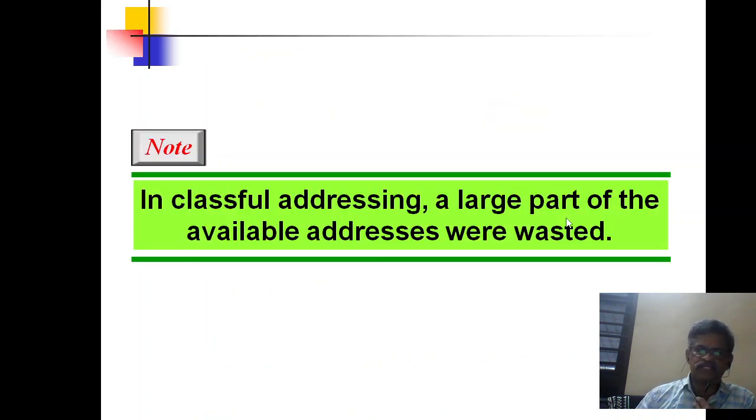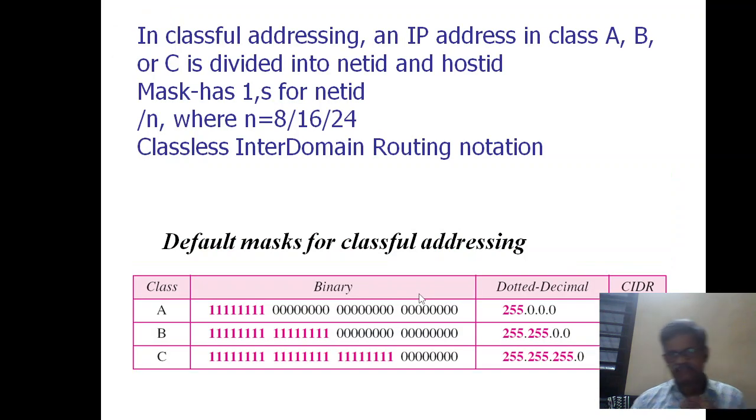In classful addressing, a large part of the available addresses was wasted. So the net ID and the host ID: 8 bits are net ID in class A, 16 bits are net ID in class B, and 24 bits are net ID in class C. The remaining represents the number of nodes. Now we define a mask.